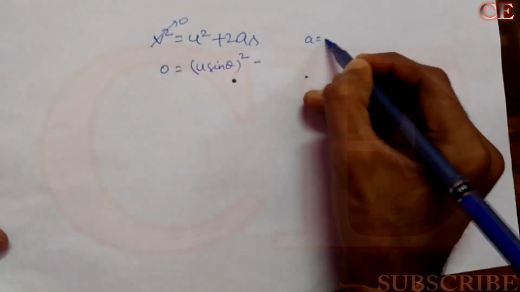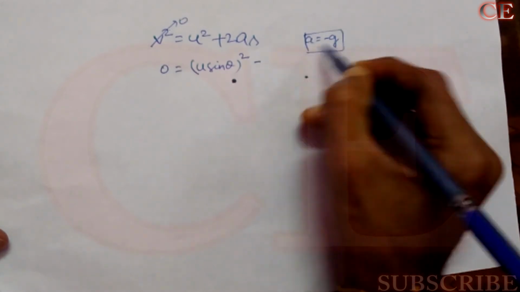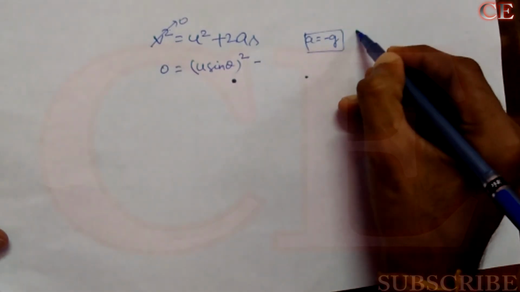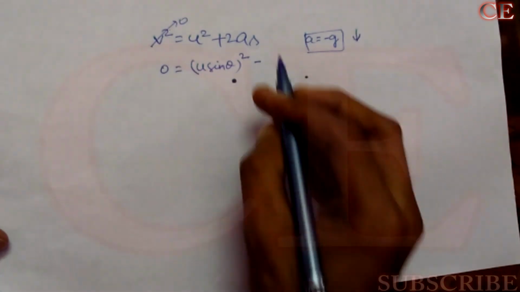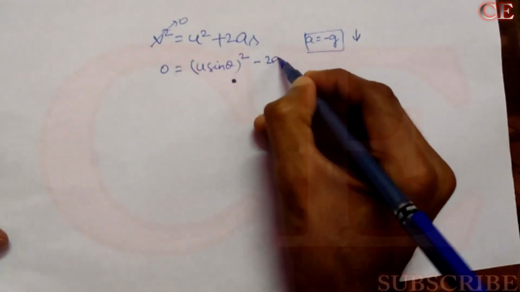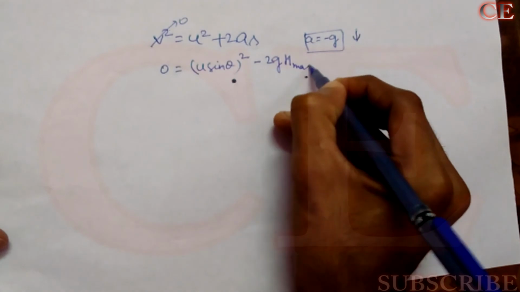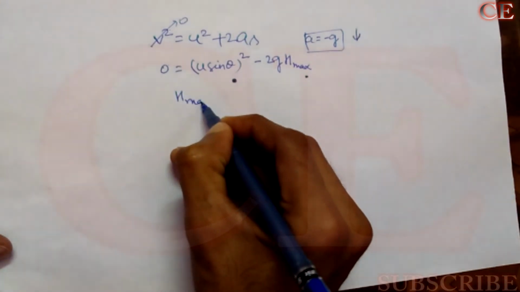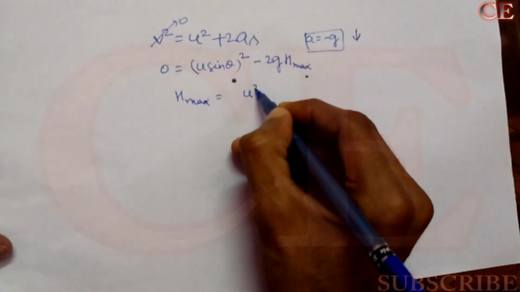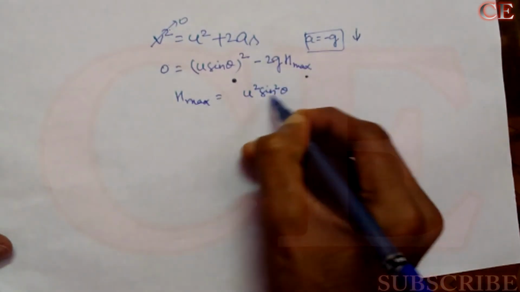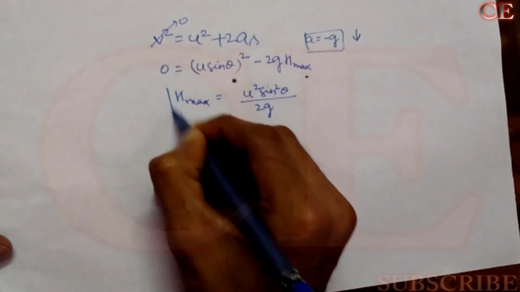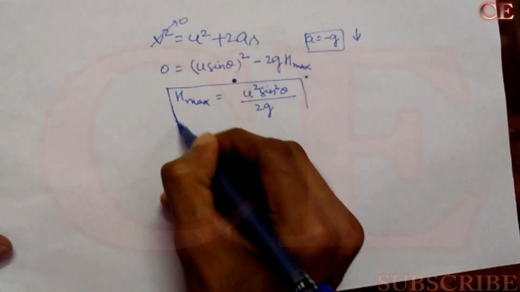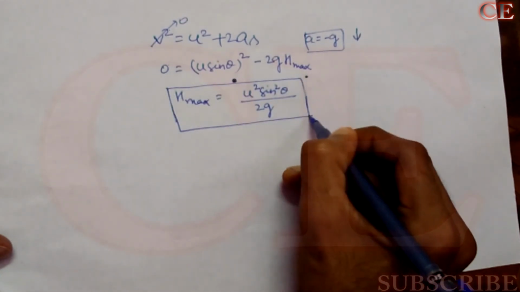Acceleration due to gravity will be minus g, because it always acts in the downward direction, so minus 2g, and h is the maximum height we are to find. Rearranging this equation, we get h max is equal to u square sin square theta by 2g. This is the maximum height the ball will reach.